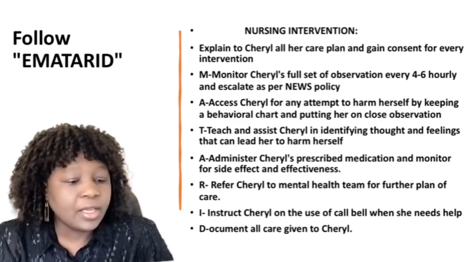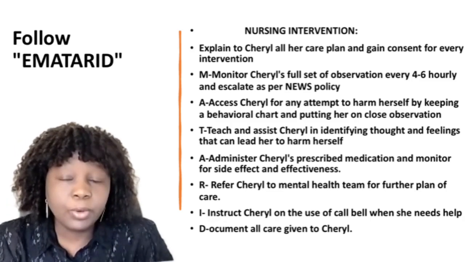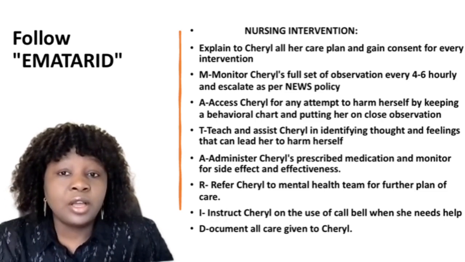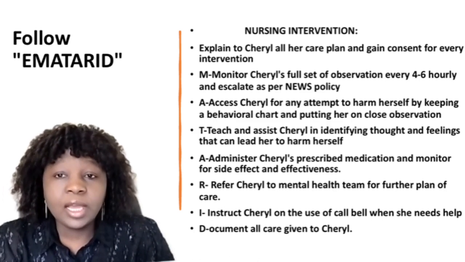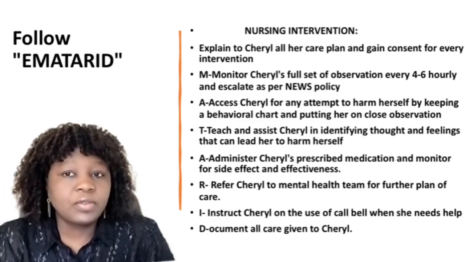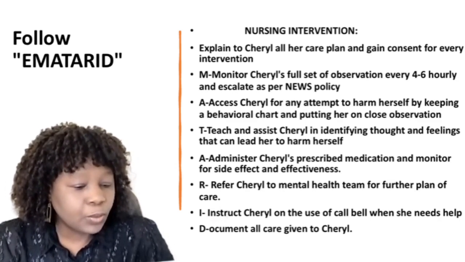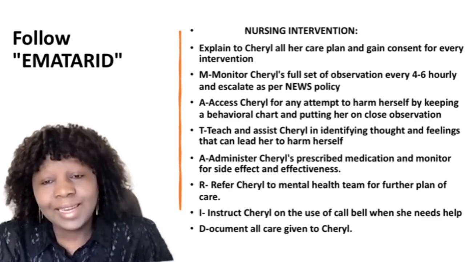For the I, instruct Cheryl on the use of call bell when she needs help. Or you could also say you want to educate Cheryl on the need for her to express her feelings, okay, and make sure that you listen to whatever she's talking about. And then the last one is document all care given to Cheryl.